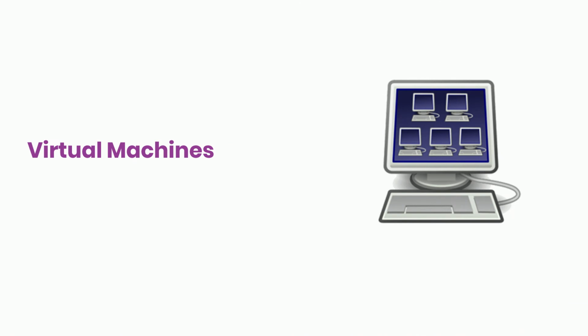Virtual machines. You can have multiple server instances on your machine, on your laptop. You can closely mimic your production because you can set up that virtual machine exactly the way your production server's set up.